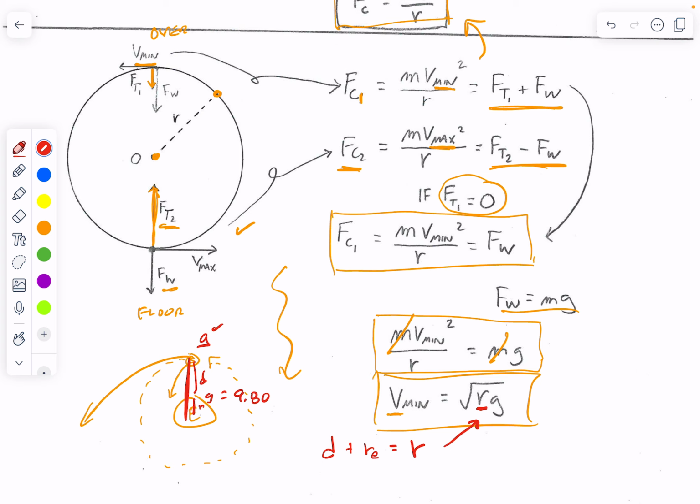So you would have to calculate what that new acceleration of gravity is in order to plug it in here so that you can calculate the minimum speed to keep a satellite in orbit. And how you calculate that new value of g at some distance r from the center of the Earth will be shown to you in a later screencast.